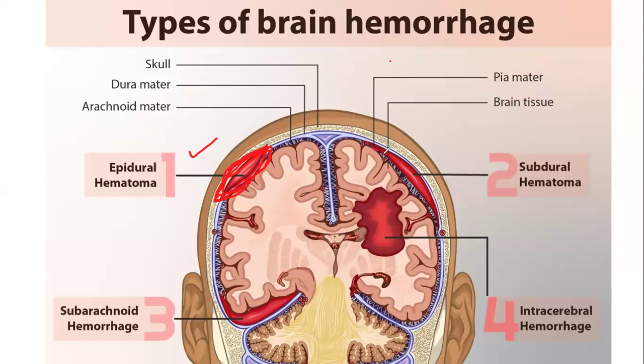Then we have another type of hemorrhage that is in between the dura mater and arachnoid mater. It is concave shape, crescent shape on the CT, right? This is subdural hematoma. Then in arachnoid spaces, we have subarachnoid hemorrhage, which has no proper shape. There are hemorrhages in the brain that are called ICH, intracranial hemorrhages.